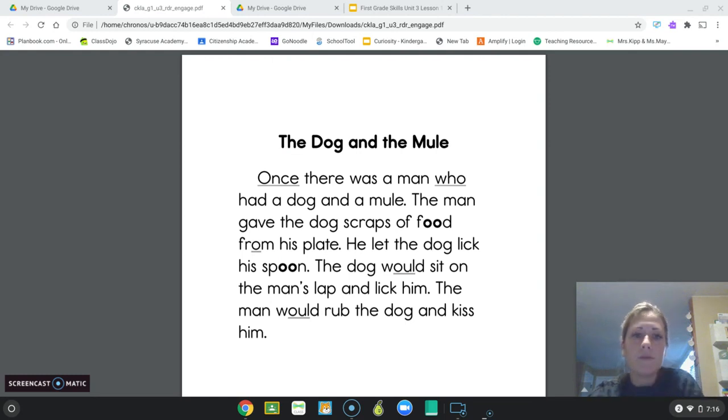Once there was a man who had a dog and a mule. The man gave the dog scraps of food from his plate. He let the dog lick his spoon. The dog would sit on the man's lap and lick him. The man would rub the dog and kiss him.